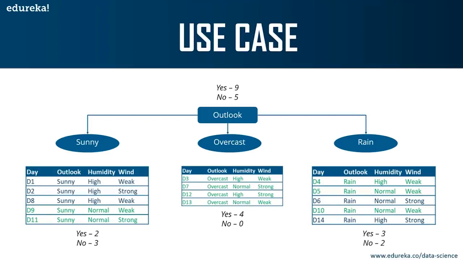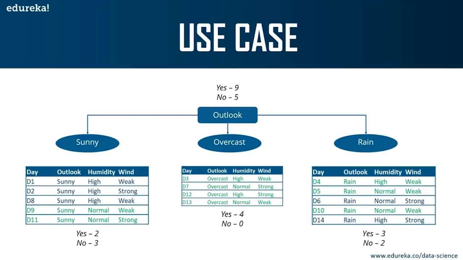So if you notice here, the decision is being made by choosing the outlook variable as the root node. So the root node is basically the topmost node in a decision tree. Now what we've done here is we've created a decision tree that starts with the outlook node. Then you're splitting the decision tree further depending on other parameters like sunny, overcast and rain. Now like we know that outlook has 3 values: sunny, overcast and rain.